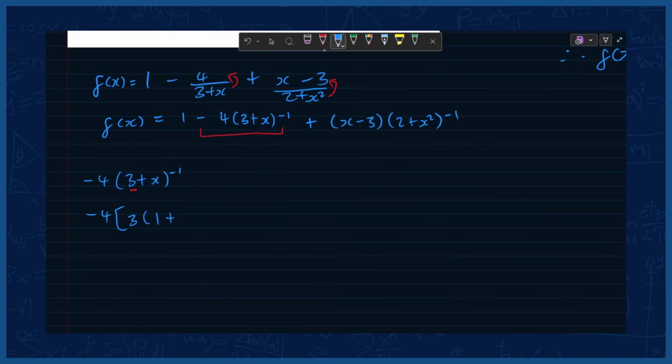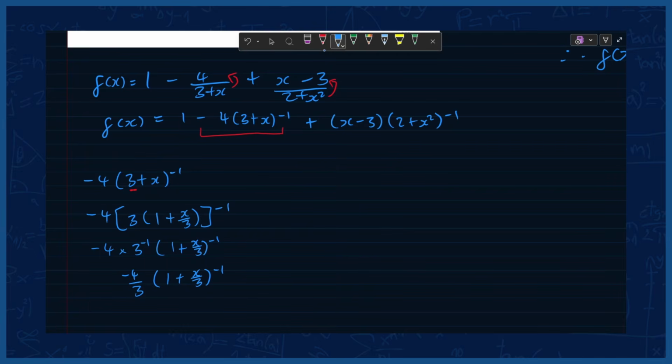I've got 1 plus x over 3, and this is to the negative 1. Now distribute that negative 1. So it becomes 3 to the negative 1 and the bracket to the negative 1. Okay, and so outside I end up with negative 4 over 3 times (1 plus x over 3) to the negative 1.